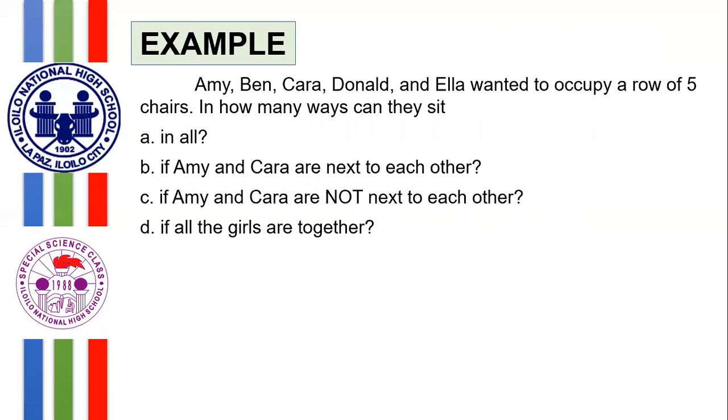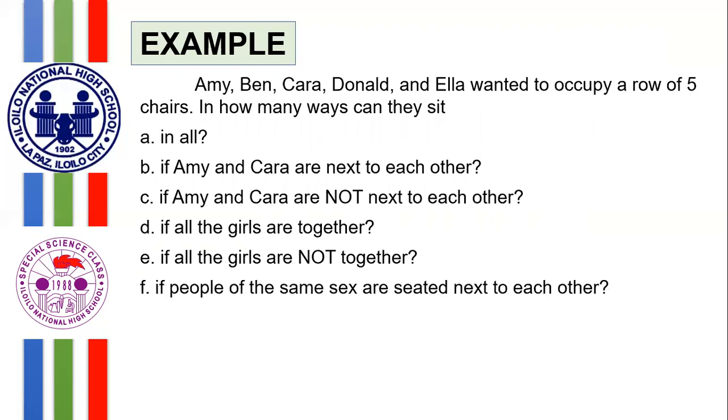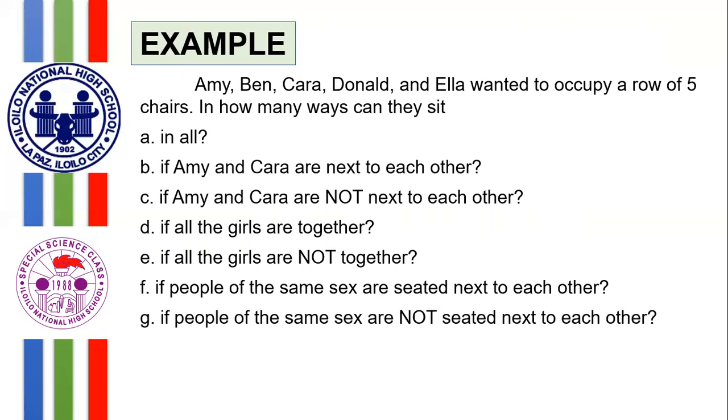D. If all the girls are together. E. If all the girls are not together. F. If people of the same sex are seated next to each other. G. Or if people of the same sex are not seated next to each other.